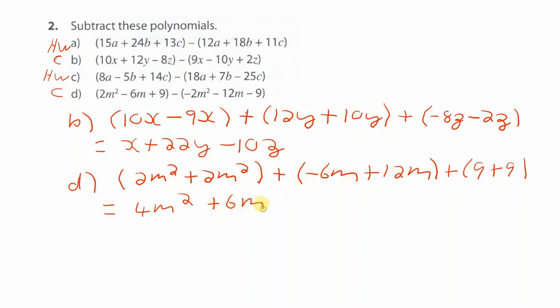So we have 6 m's. And then finally we have 9. We get another 9. So we have in total 18. This is the most simplified form because m squared is not the same as an m, is not the same as 18. They are unlike terms. We cannot add unlike terms.